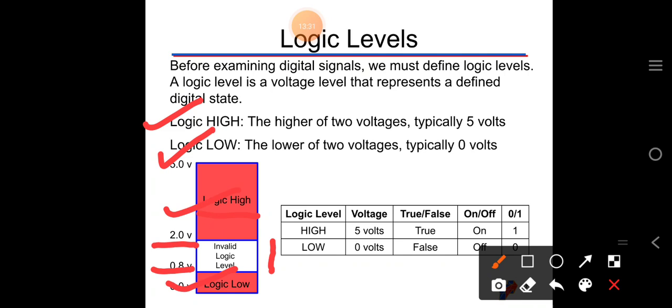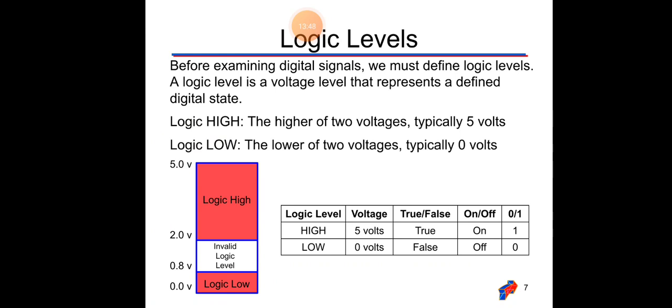So this part is shown as the invalid logic level. And here the logic high is shown for 5 volts, means from the lower level up to 5 volts. And the lower value which goes down to 0 volts, that's why we can represent it as the logic low.